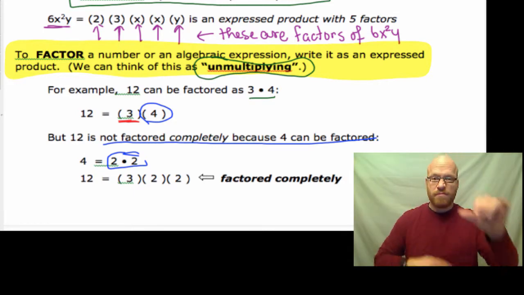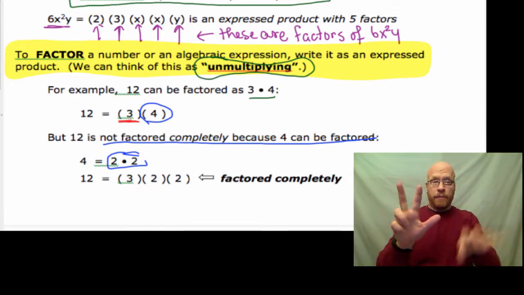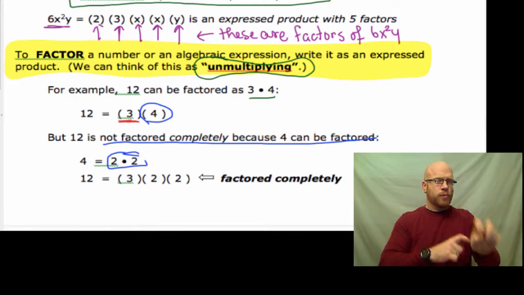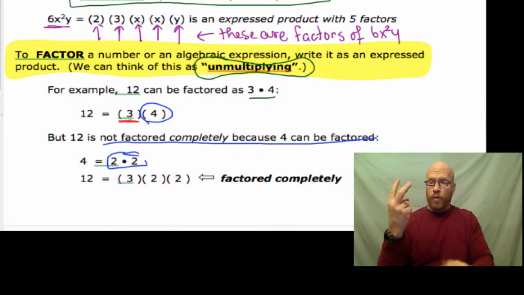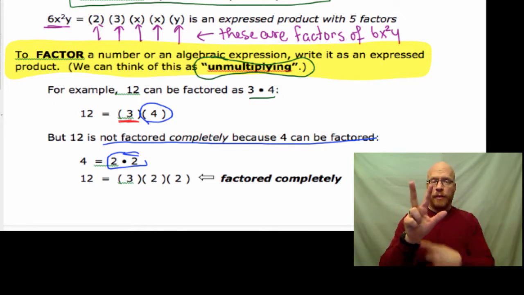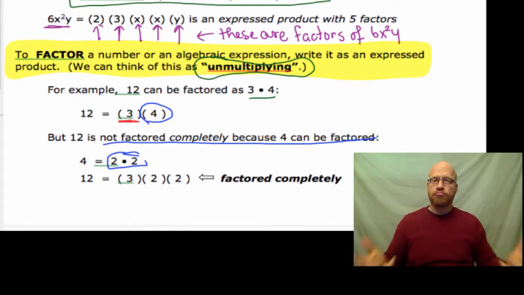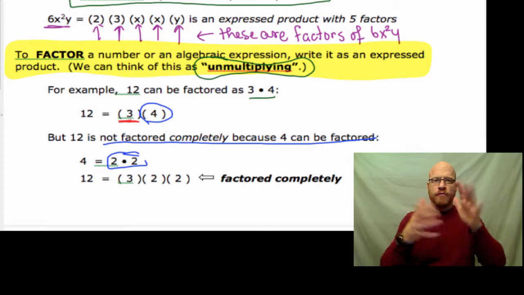So here, 3 times 4, but 4 can be replaced with 2 times 2. So now we see the last line here is 12 equals 3 times 2 times 2. That is completely factored. We cannot break it down any further.